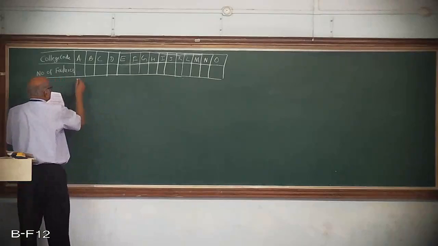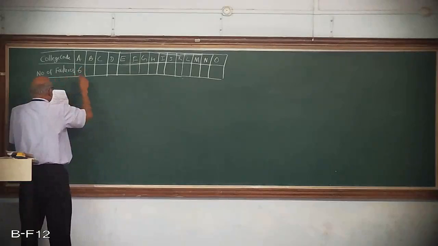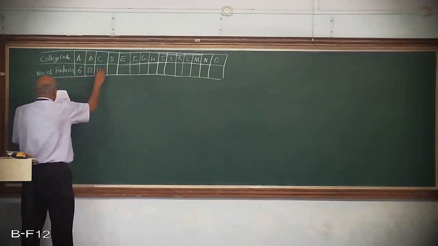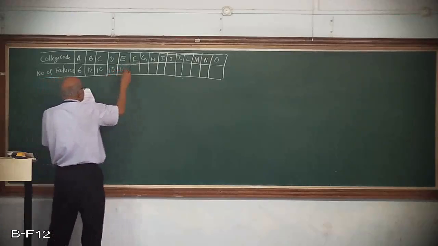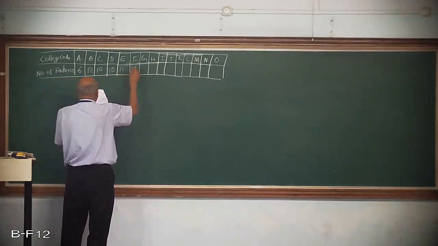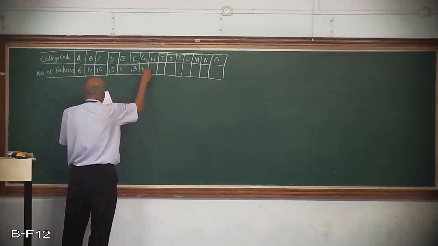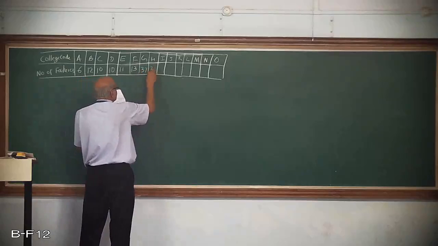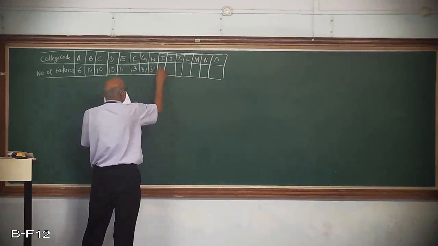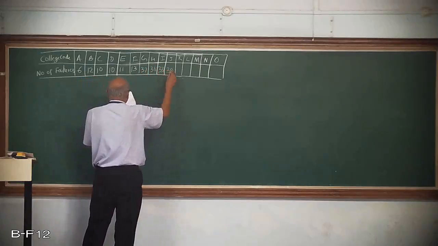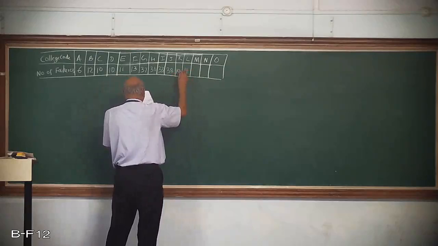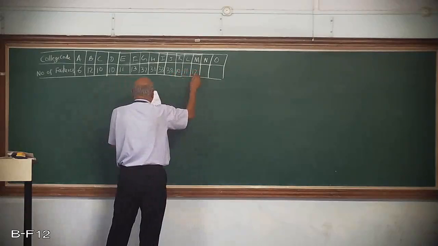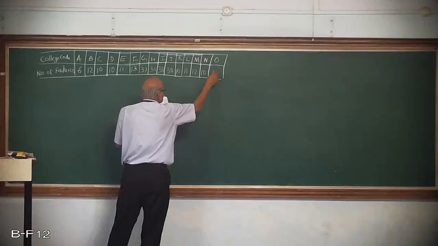College A, number of failures 6, B 12, C 10, D 10, E 11, F 13, G 37, H 31, I 33, J 38, K 10, L 11, M 12, N 10, and O 9.